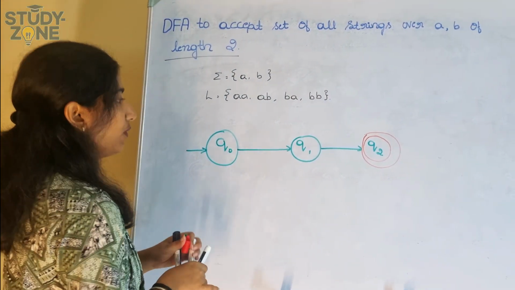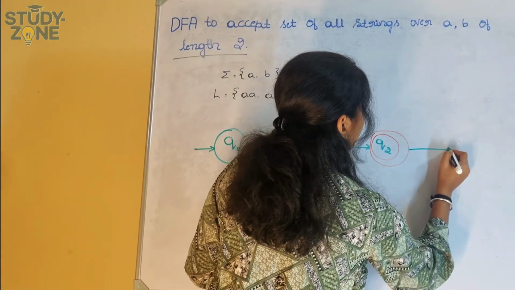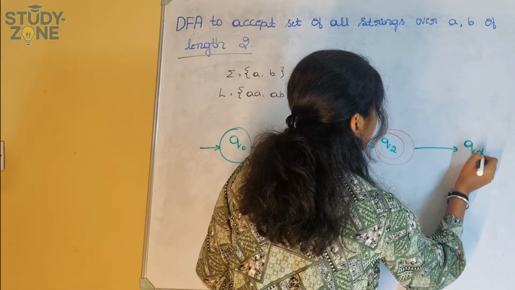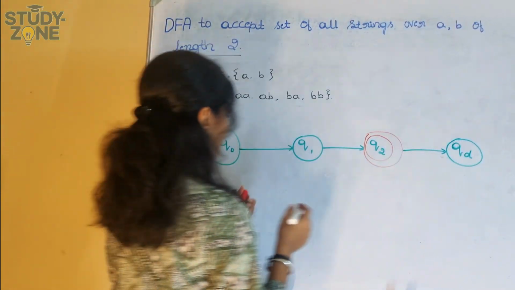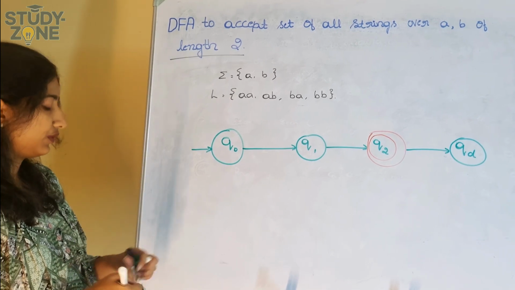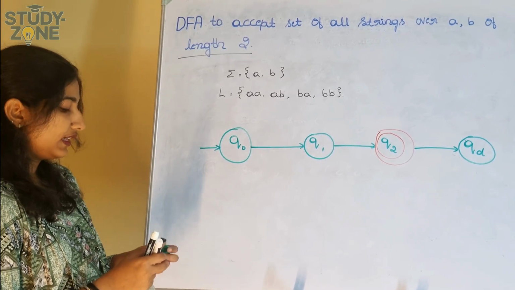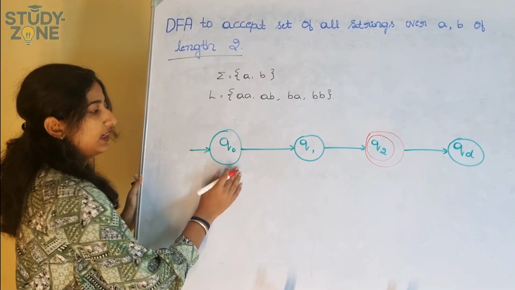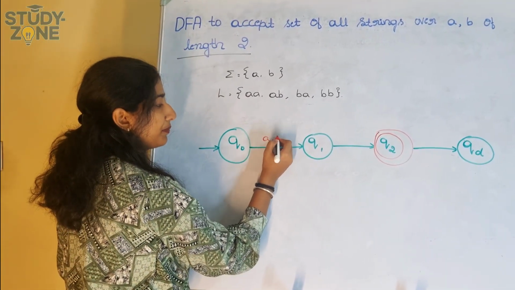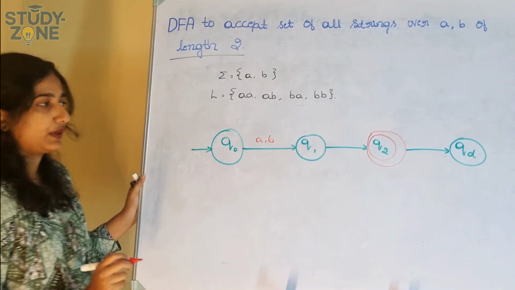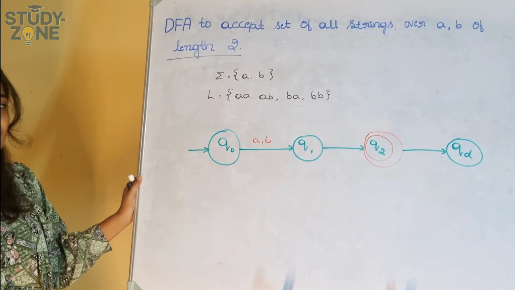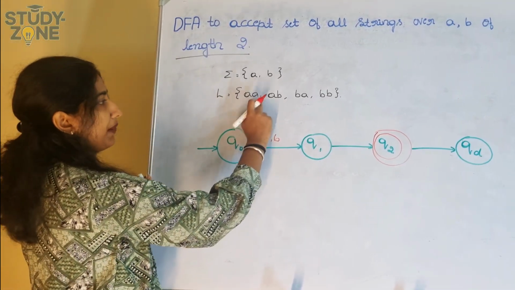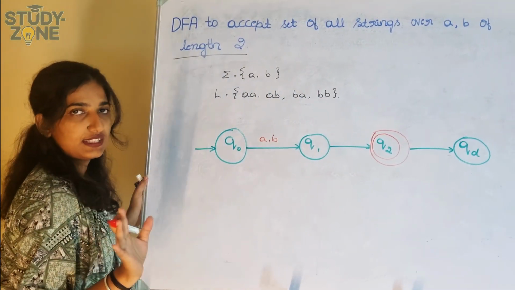And then we have QD, which is the dead state. Now the thing is simple: in Q0, if I read a or b, I move to Q1, because at the end I can have any combination of a, b, anything can be there at the start.